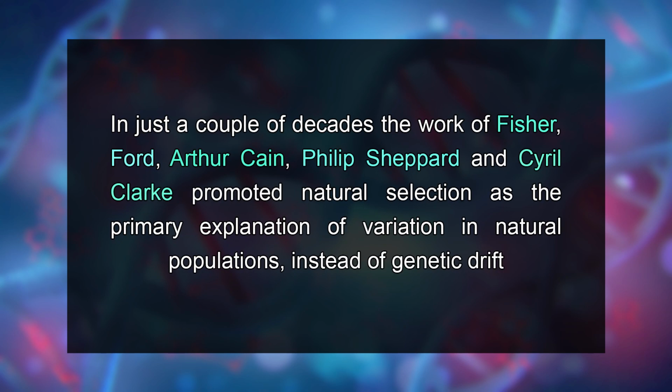In just a couple of decades, the work of Fisher, Ford, Arthur Cain, Philip Sheppard, and Cyril Clarke promoted natural selection as the primary explanation of variation in natural populations instead of genetic drift.